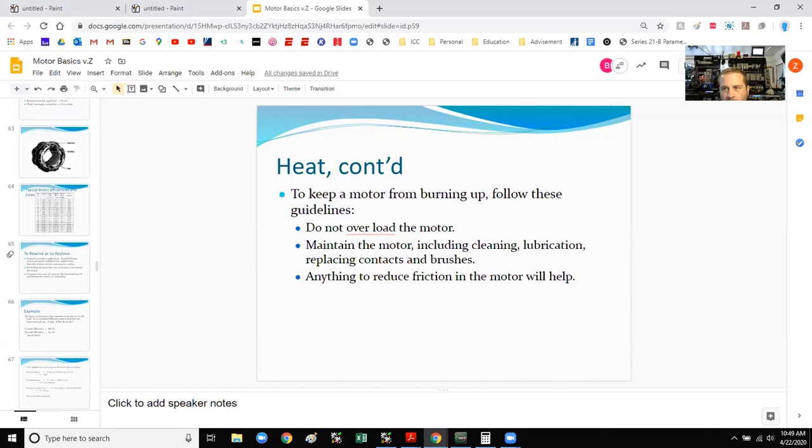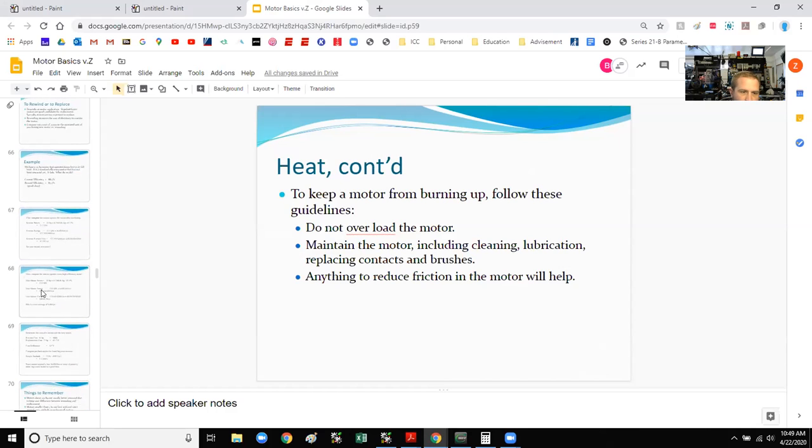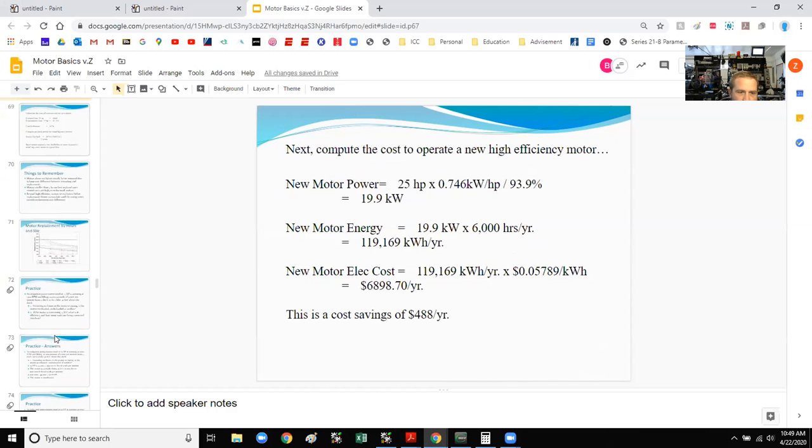Is it more expensive to rewind it? Well, I'm not one to rewind a motor, so I would call somebody who does that. There are some motor repair places in Peoria that you could call and say, hey, I've got this $8,000 motor, how much would it cost to rewind this thing? But it gets into efficiencies and logistics of that kind of stuff.